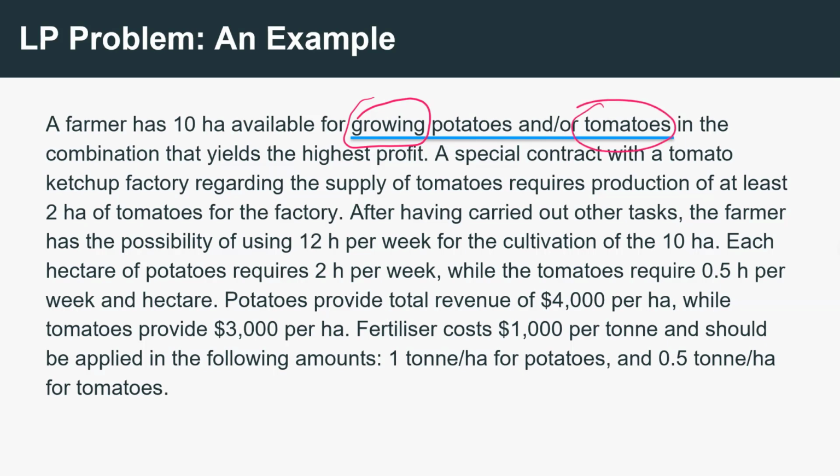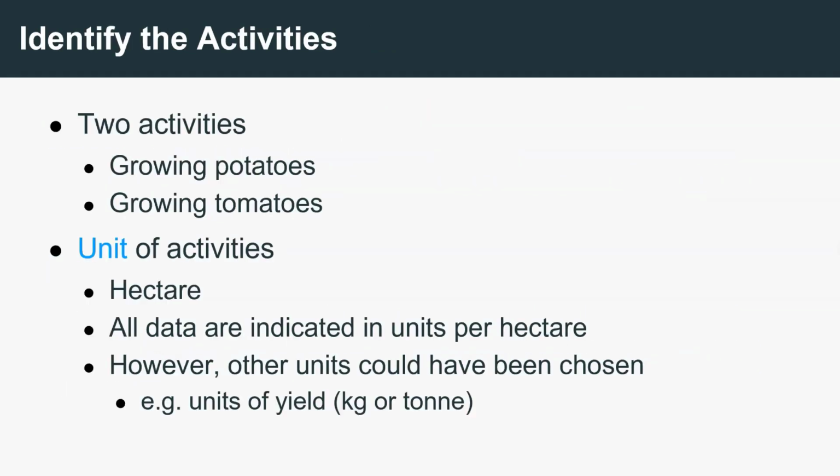So the activities in this example are 2: one is growing potato and the other is growing tomato. After you finish reading this problem, I hope you can identify these as the decision variables that the producer is trying to control in order to achieve some kind of objective. So there are 2 activities here.